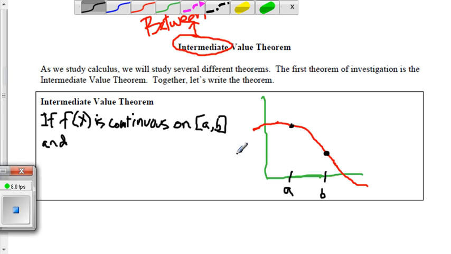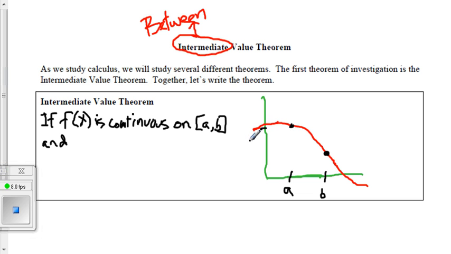Okay, so we have a graph here, and we have the interval a to b including a to b. So if I know f of x is continuous, now first off, if I know this is point A, then over here I have f of a, the y value when x is a, and therefore this is b, so this point on the graph is f of b.